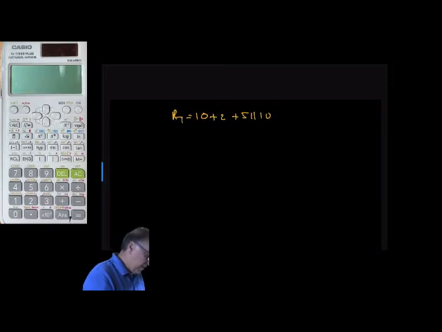That becomes 10 plus 2 plus the parallel combination of this, which would be 3.3 ohms, which we could find using our calculator, and that equals 15.3 ohms.